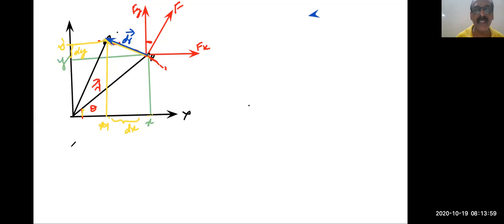Agreed? Yes, sir. Now, according to the triangular law, look here, OP is R plus this dr is equal to this one, R plus dr, the new position. Triangular law, isn't it? See, this is one side of the vector, this is another side of the vector, and the resultant is on the opposite side, isn't it? Yes, sir.